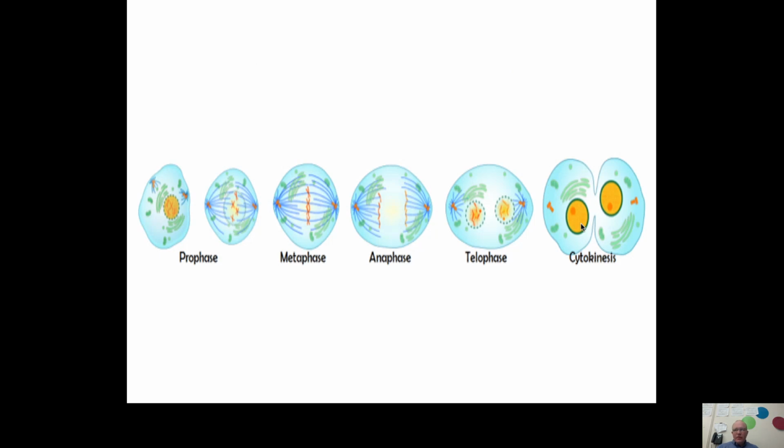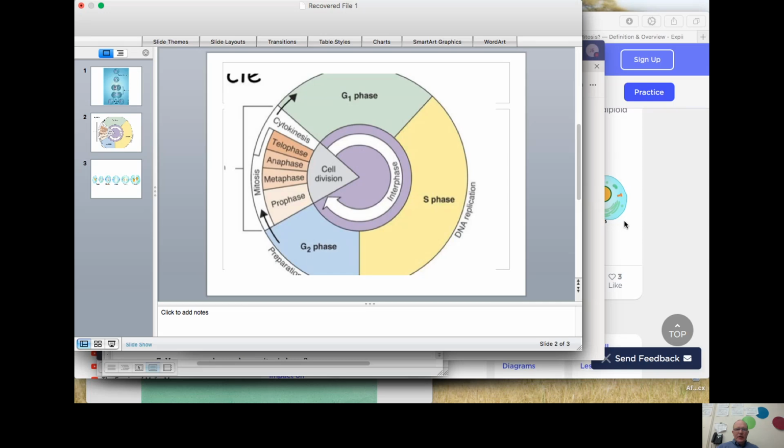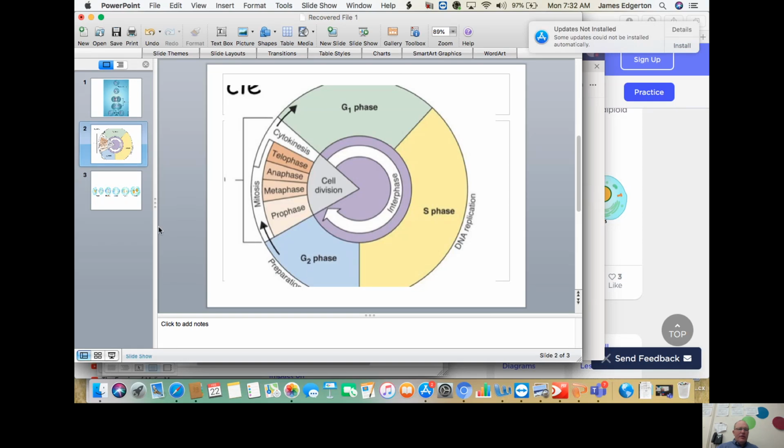The division for prokaryotic cells is different than eukaryotic cell division. So those are the different phases of cell division that are important for us to know.